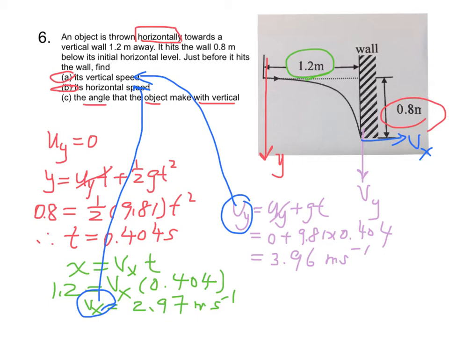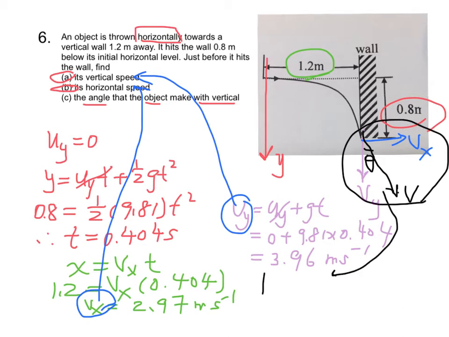Let the angle that the object makes with the vertical line be theta. This vector is v, which is the resultant velocity. From this, we have tan theta equal to Vx over Vy, which is equal to 2.97 over 3.96.